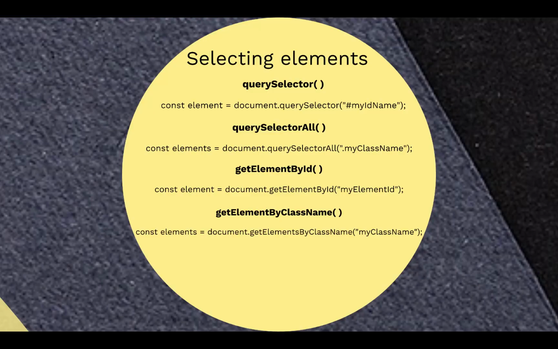getElementsByClassName selects all elements with the specified class name and returns multiple elements. Again, you don't have to use the dot for class since the method name refers to the class name already. getElementsByTagName selects all elements with a specific tag, like div, p, etc., and can return multiple elements.